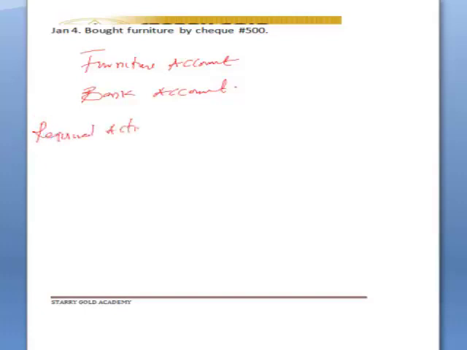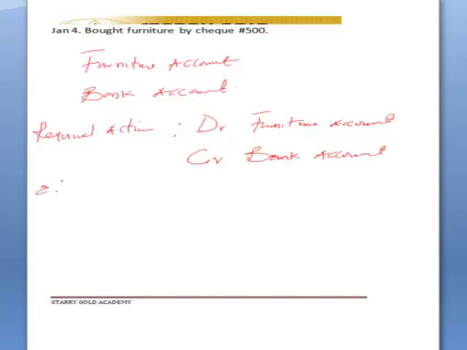Furniture is receiving, so we shall debit the furniture account. Then credit the bank account, because the bank account is giving out the money.